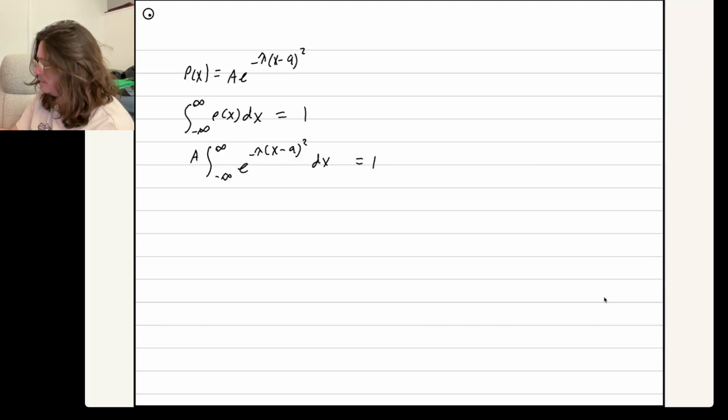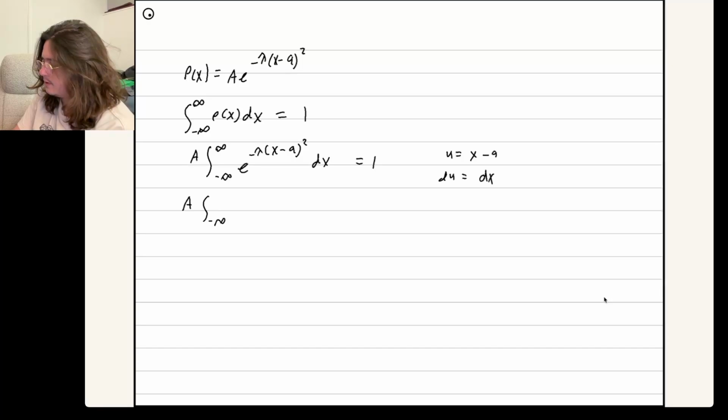We're going to do a u substitution. So u is equal to x minus a, and so du is just dx. And then this becomes just e to the minus lambda u squared du equals 1.